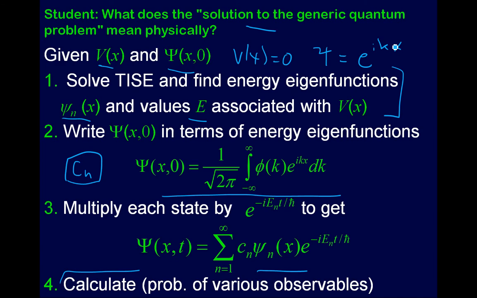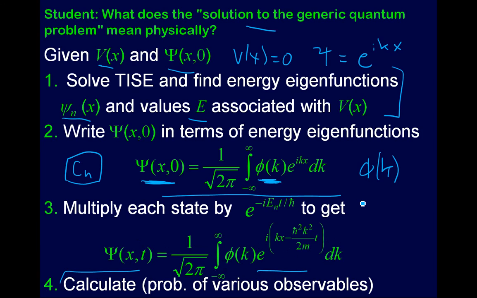And so now, instead of solving for the C_n, we've got to solve for this phi of k. Once we solve for that, we can do this integral and represent our wave function in terms of this right here. And then once we know what that phi of k is, I can write my time-evolved wave function this way right here.